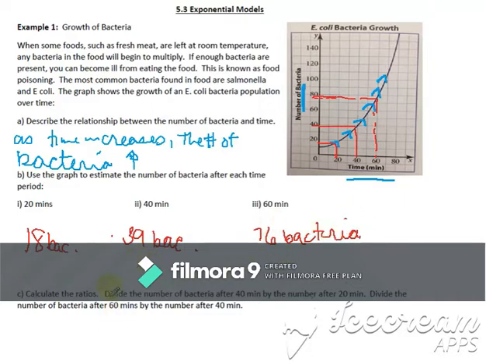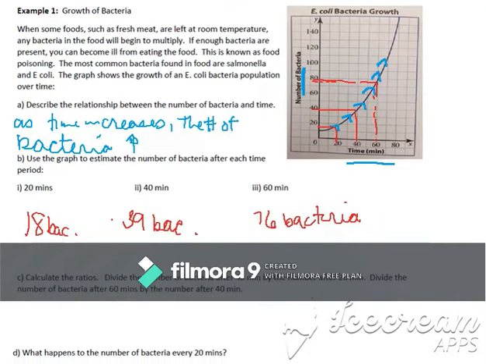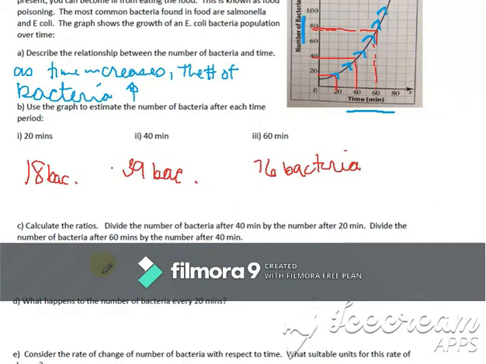Now what we're going to do is calculate the ratios. So we're going to go 39 over 18, and we get 2.167. And we're going to put 76 over 39, and we're going to get 1.948. If we take a look at the ratios between these numbers here, we get approximately 2.